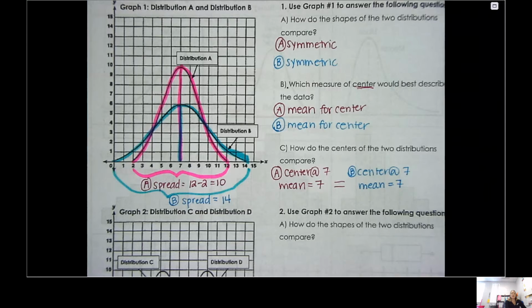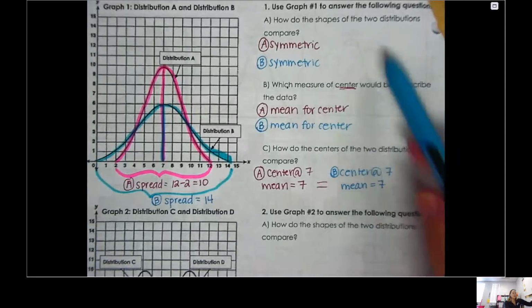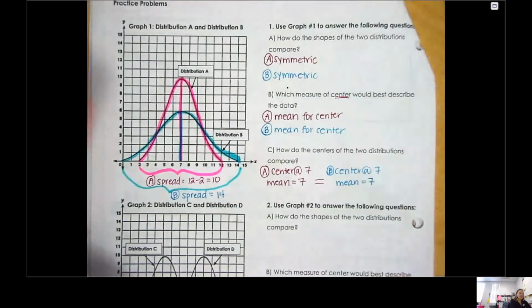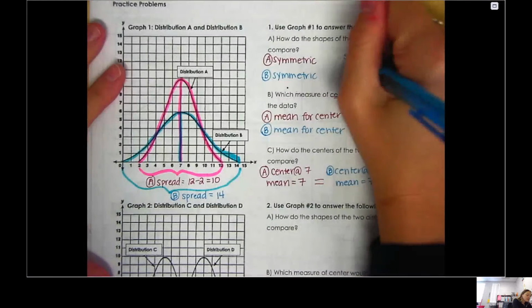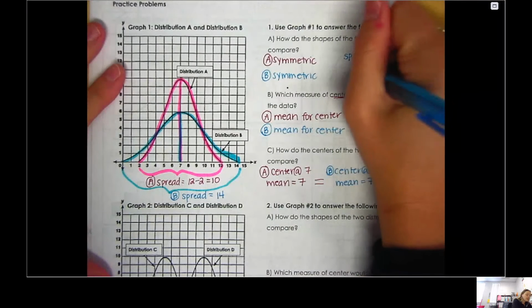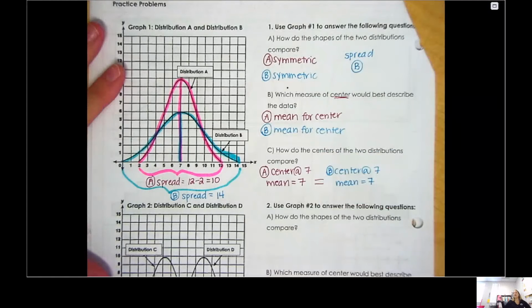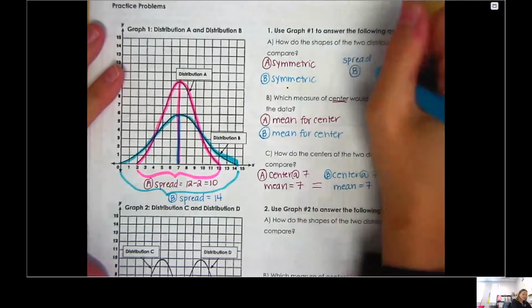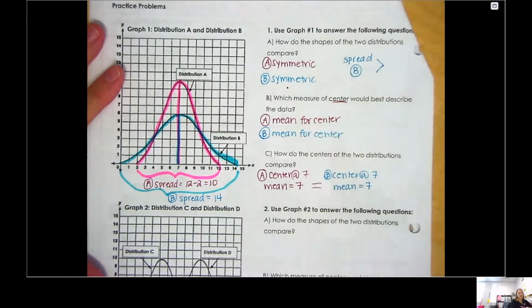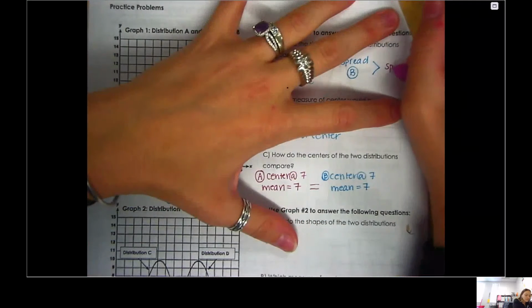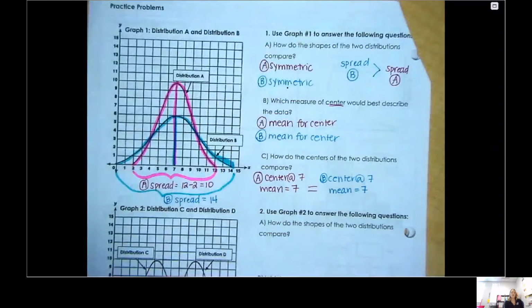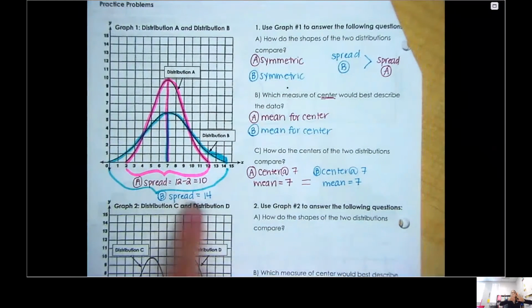Good. So I'm going to put up above, where I have a little more space, that the spread of graph B is greater than the spread of graph A. This one in blue has a wider graph, so the spread is longer. So it's a larger, flatter hump.